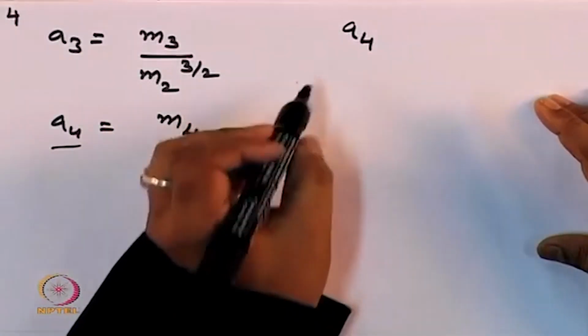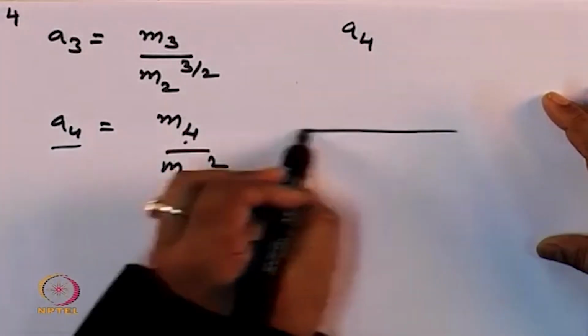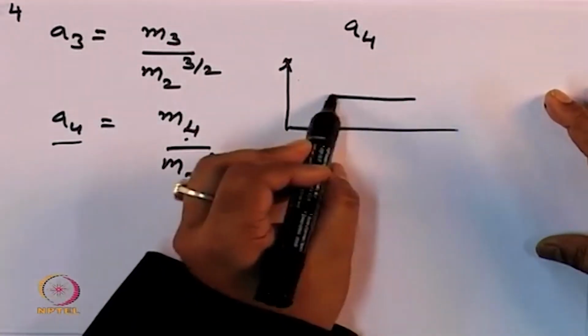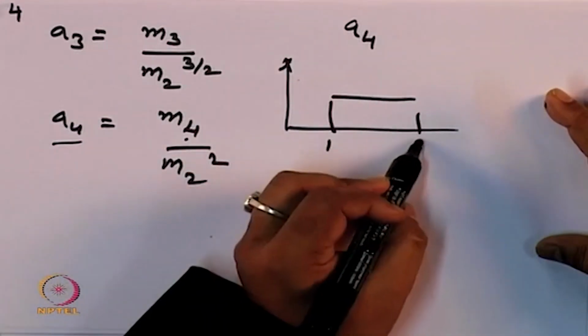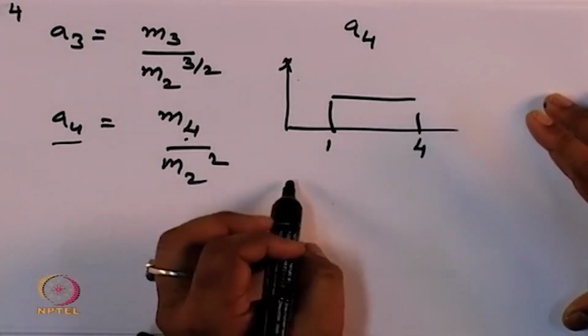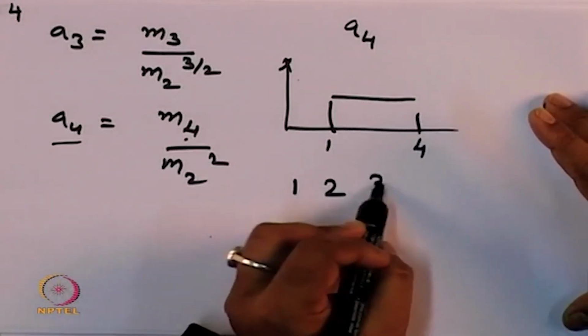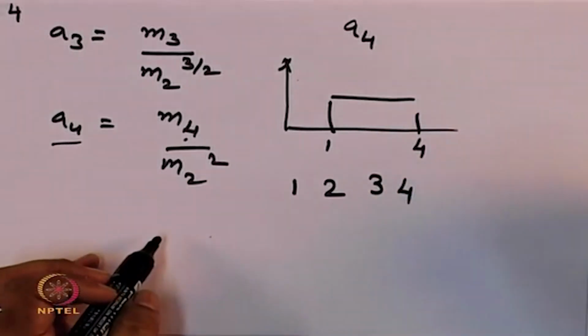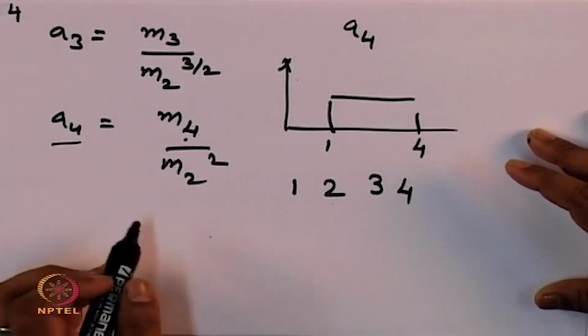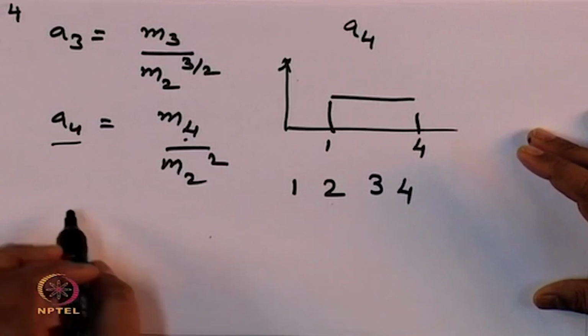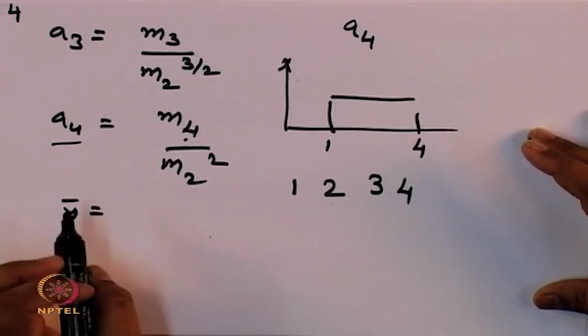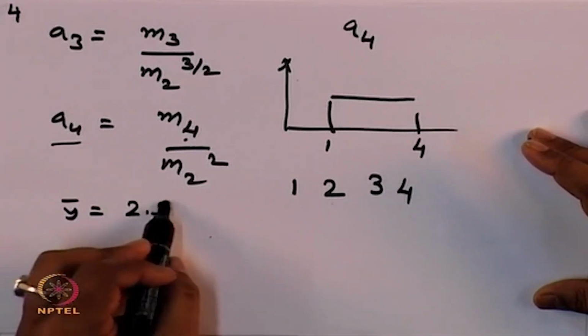Okay. So, let us calculate a simple example where we calculate A4. Let us say our data is, so let us take a very flat distribution. Let us say our data is 1, 2, 3, 4. Each of these values only appears once. In this case, your y bar is equal to 2.5.